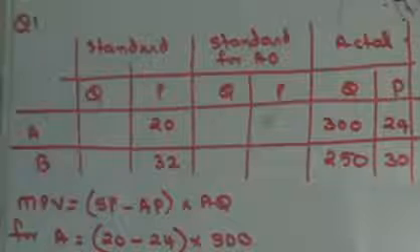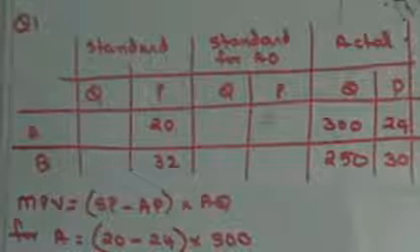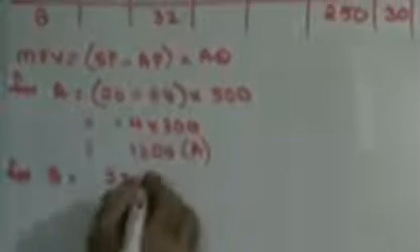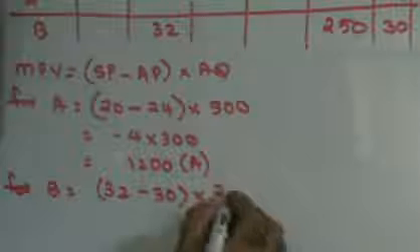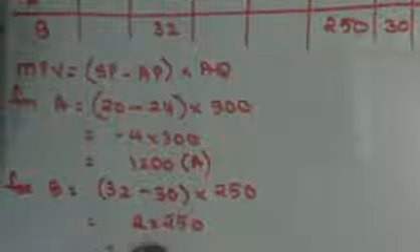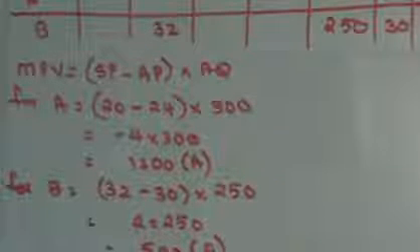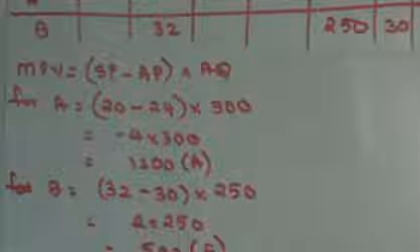Instead, you write A next to it, which stands for adverse. Now for product B, standard price 32 minus actual price 30 into actual quantity 250. So 2 into 250 is going to be 500. Since it is positive, this is taken as favorable. Right? Do you understand this? So you make your table and then on the basis of that you calculate this.